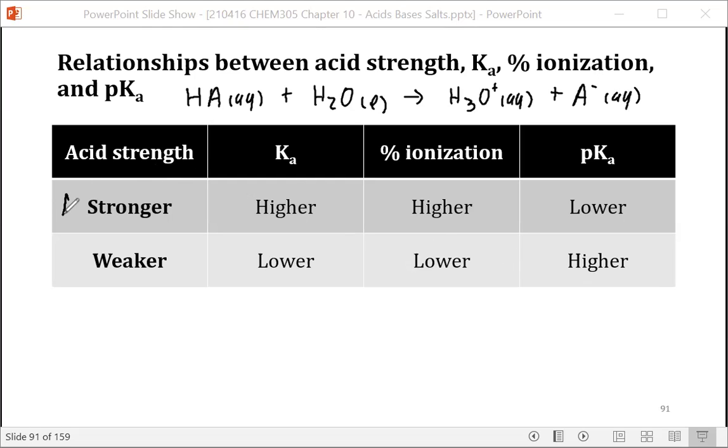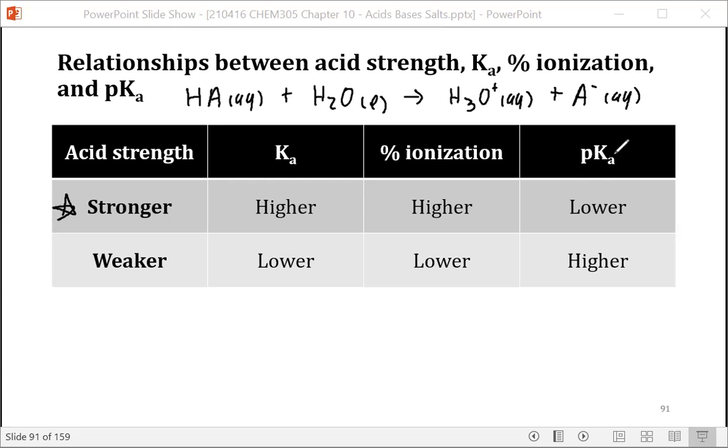So stronger acids have higher Ka values, which means that we make a lot of the products. The reaction is pushed to the right, which means we have a higher percent ionization. More of HA is going to ionize into H plus and A minus, and every time we generate some H plus from ionization, it bonds with H2O to make H3O plus.